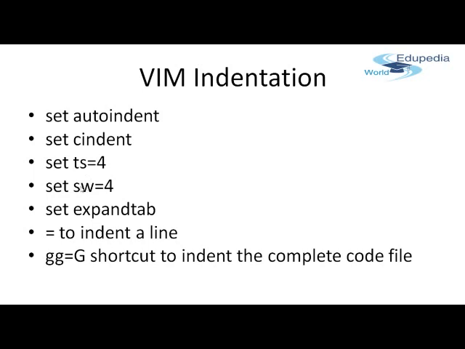Then there is shiftwidth. So shiftwidth is actually used during auto indentation. So when you have set this auto indentation feature, it will indent every line, every new block. Okay, so when you are doing something in a programming language, you write various blocks of programming, and the inner code of a block has to start at an indent from the left.